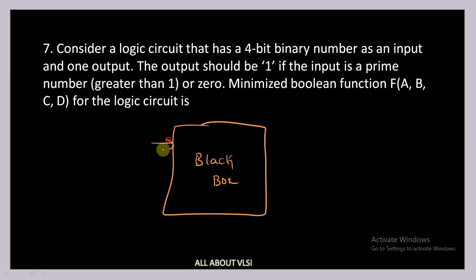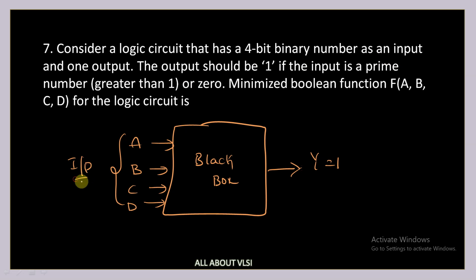So for this we have some set of inputs A, B, C, and D. So 4-bit binary as an input and output should be 1. So y should be equal to 1 only if the input is a prime number greater than 1, or else output should be equal to 0. Okay. Y is equal to 1 if it is a prime number greater than 1, and y is equal to 0 if it is not a prime number. Okay. So that is our requirement, and we need to find the Boolean expression for y.